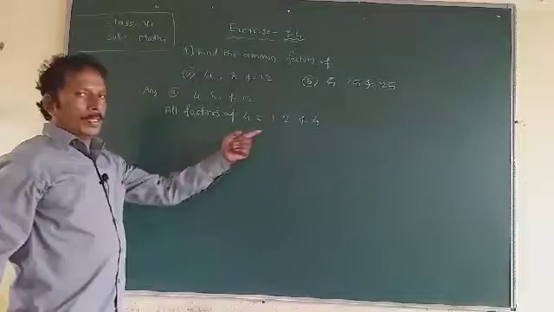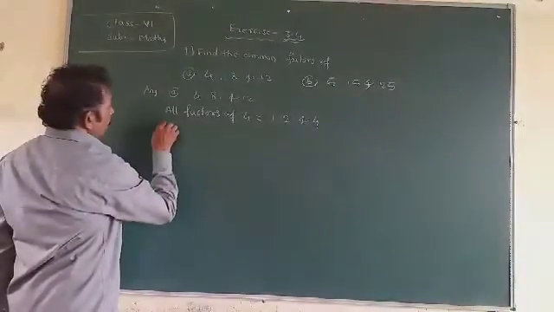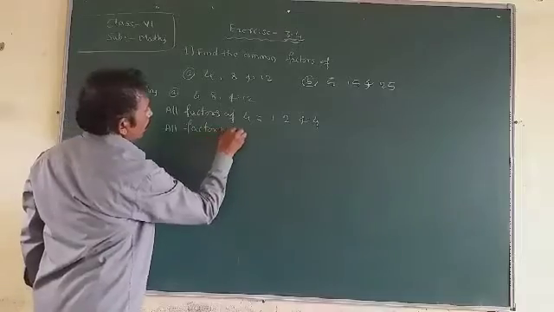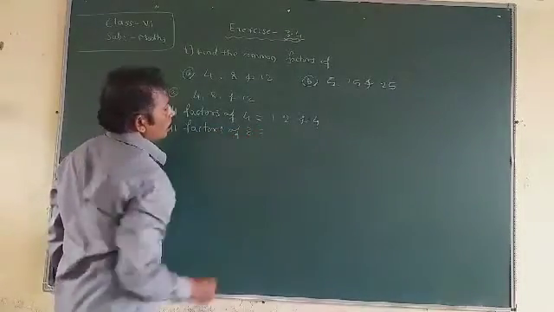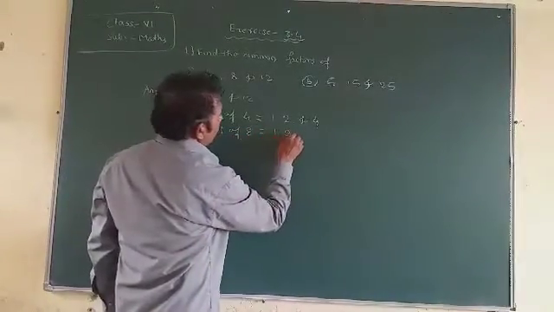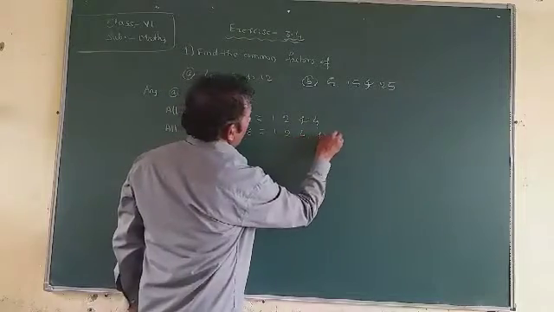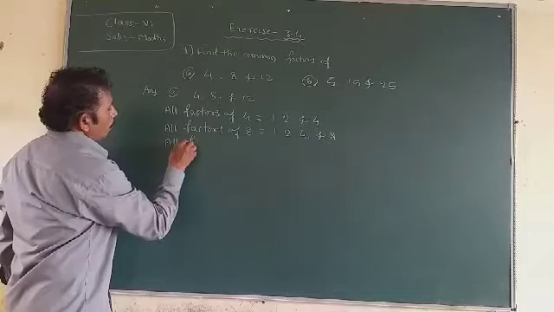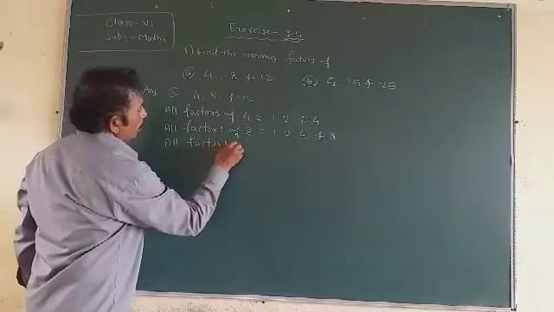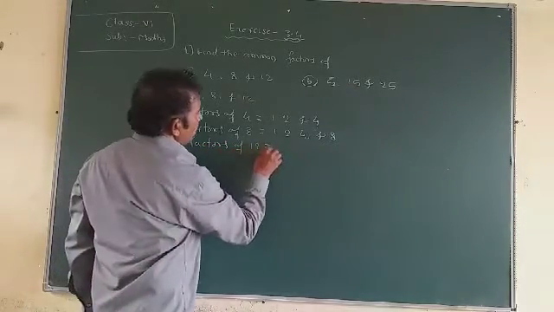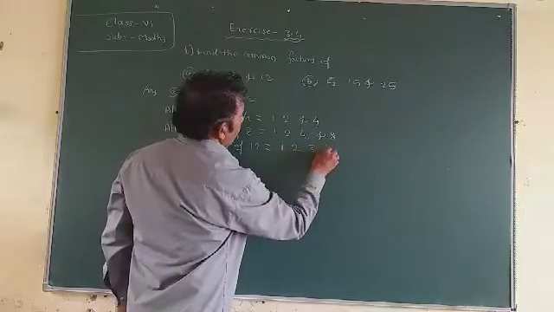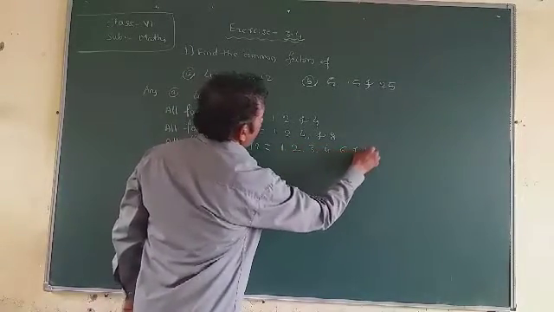These are the factors of 4. Similarly, all factors of 8 is equals to 1, 2, 4 and 8. And similarly, all factors of 12 is equals to 1, 2, 3, 4, 6 and 12.